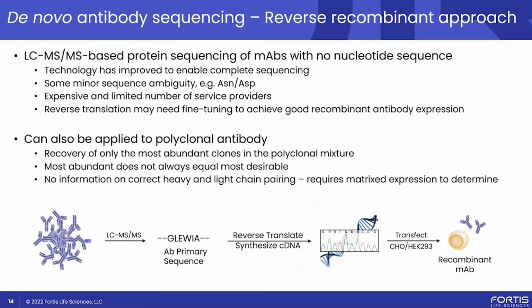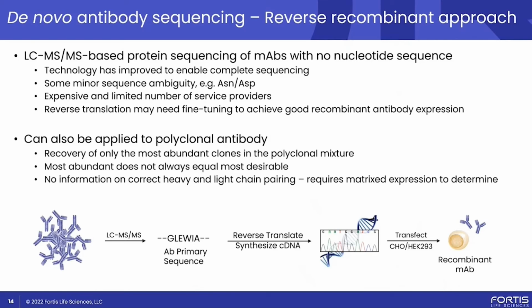And then finally, as I mentioned, there's the de novo antibody sequencing, or the reverse recombinant approach. This doesn't require necessarily any cells. You're really starting with an antibody prep. This technology's come a long way now so that we can actually sequence the intact, or the complete, full-length heavy and light chain. There's some minor sequence ambiguity.